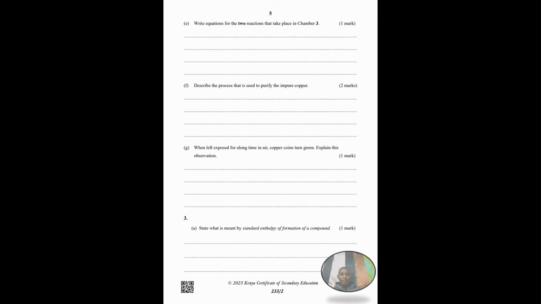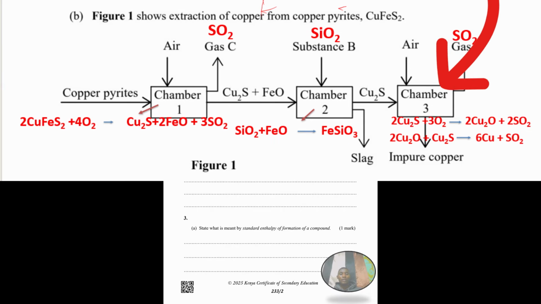So part E of this question: write equations for the reactions that take place in chamber 3. Learners, in chamber 3, that's where copper 1 sulfide is reacted with a controlled amount of oxygen, leading to formation of copper 1 oxide and sulfur 4 oxide gas in the first step.